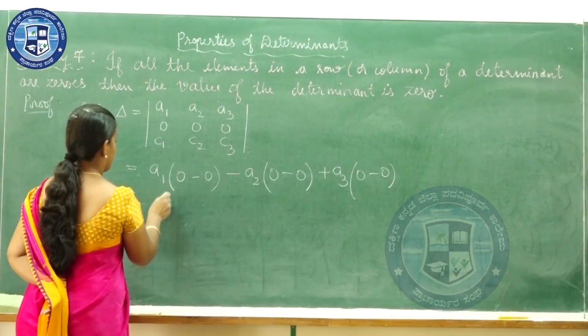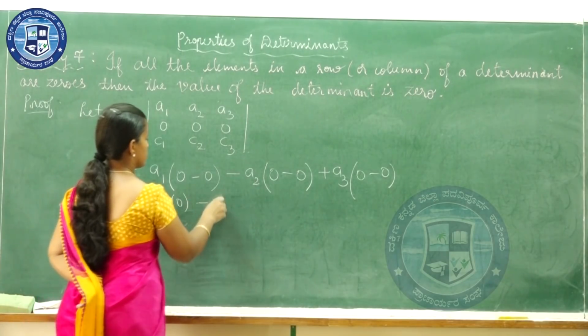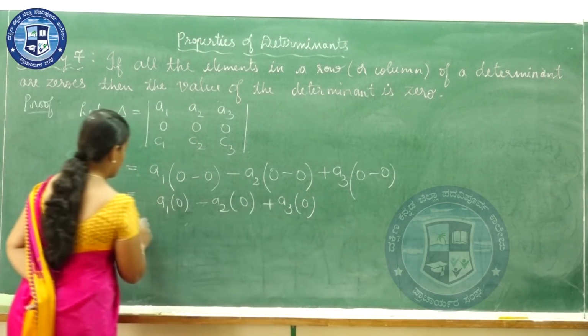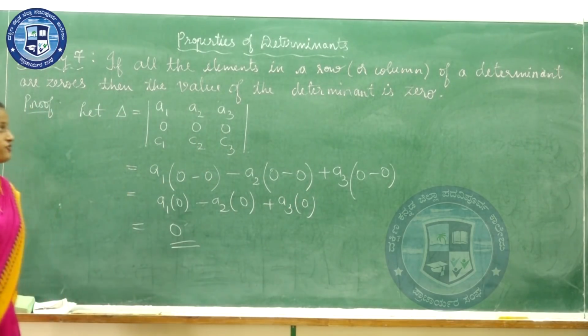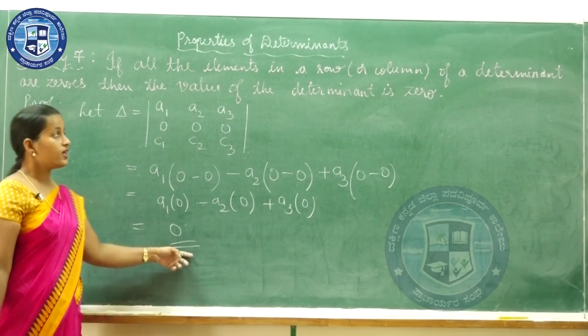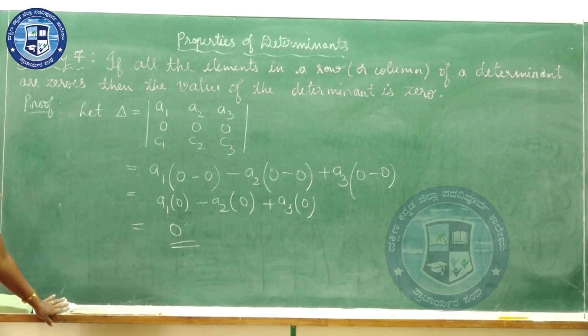So what do you get? A1 into 0 minus A2 into 0 plus A3 into 0. So answer is 0. So if any row or column of a determinant is 0, then the determinant will be 0. This is property number 7.